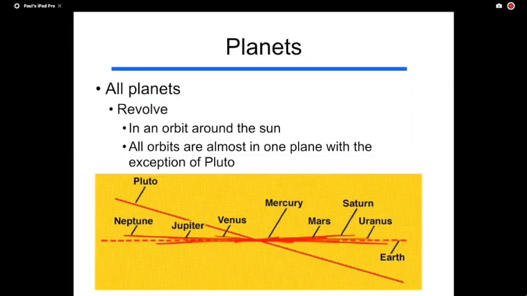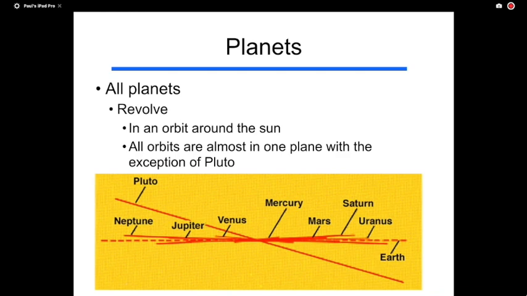Something that is similar to all of the planets, or most of them, is that if you took a look at the edge of the universe, almost all of the planets are in what's called the same elliptical orbit, with the exception of who? Okay, this is one of the reasons Pluto got kicked out. It didn't look like the other ones.